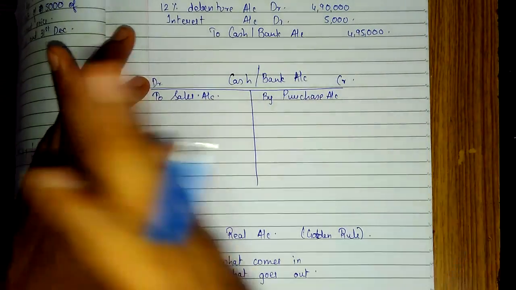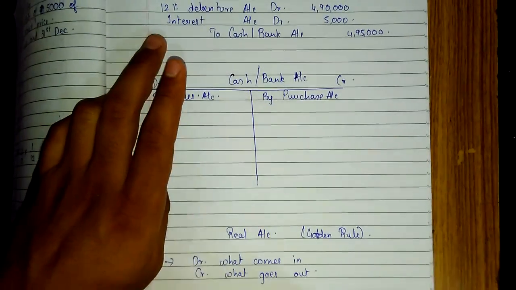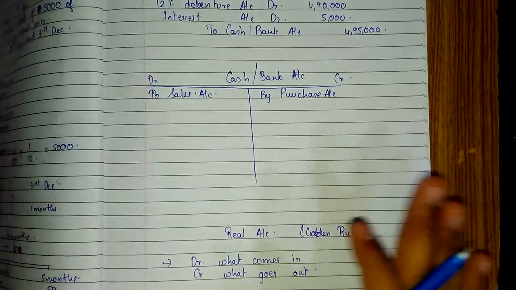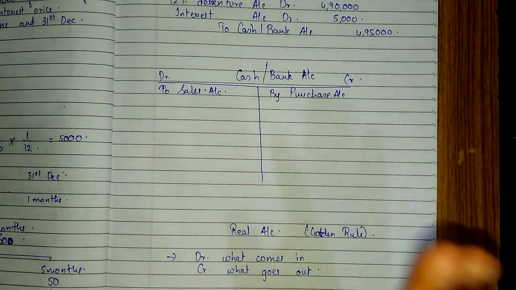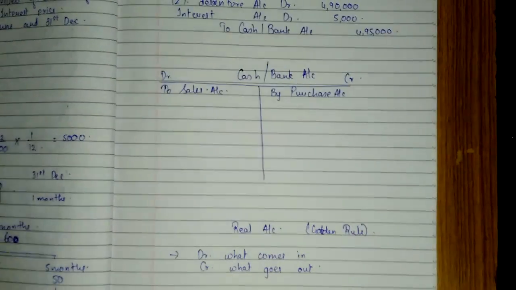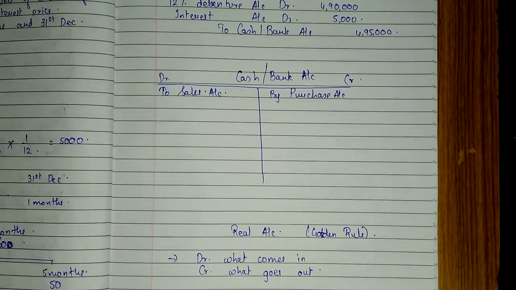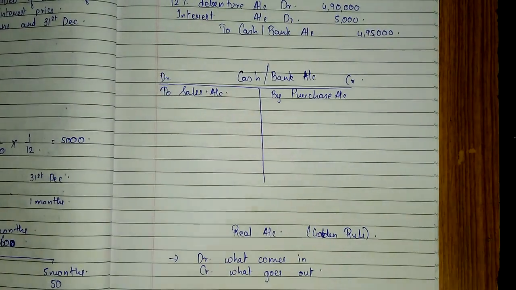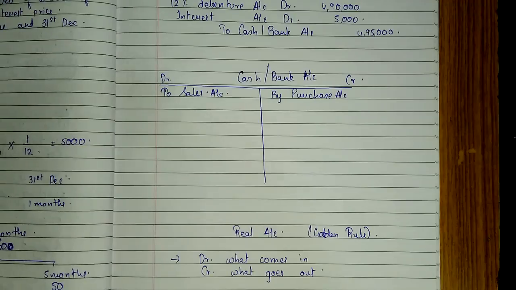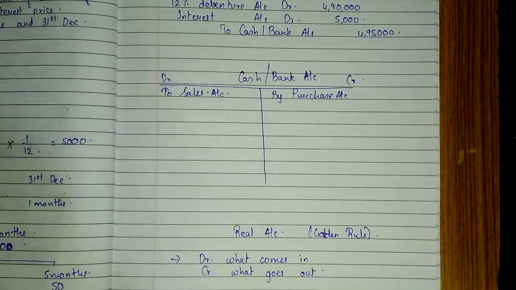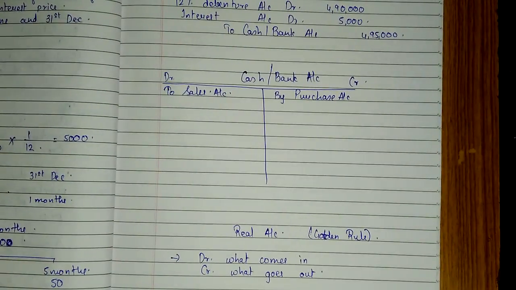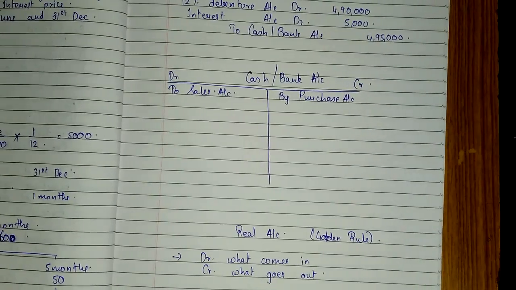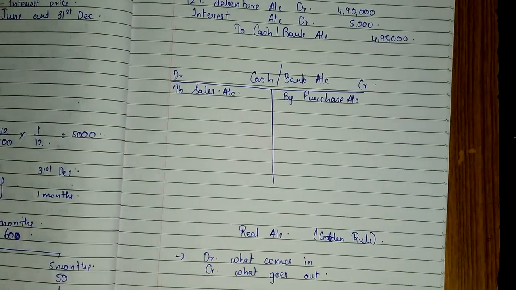For credit transactions there will be two different ledgers, that is the debtor account and the creditor account. I hope you have copied this part. If you have not, please pause the video and copy this much. Hope you all have copied.